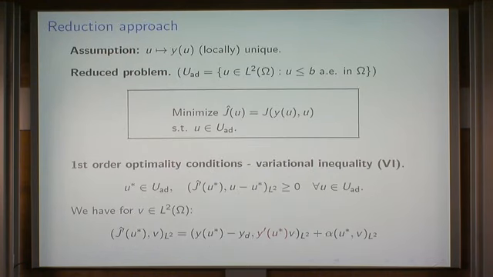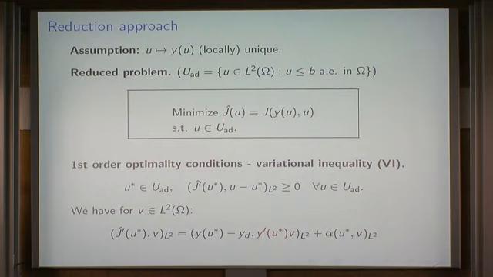minimization. Okay, first thing, let's assume given u, we get a locally or ideally globally unique y. So for the Poisson equation, it's obviously true. If I have minus Laplace y equals u, I get the unique y of u, which I can then plug in, and I can reduce the problem to a problem in the control variable u only.